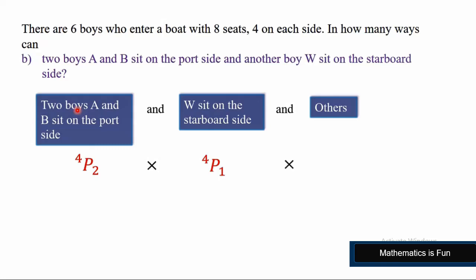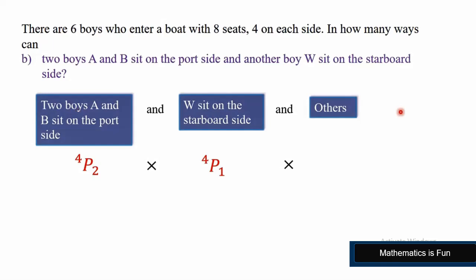And now the rest of the boys have to sit anywhere on the remaining seats. Now here we are left with 5 seats because the 3 boys A, B and W have already occupied their seats, and we are left with only 3 boys to arrange on these seats.